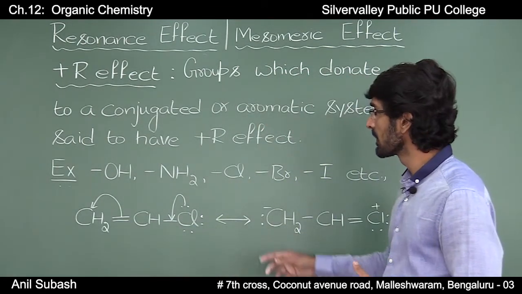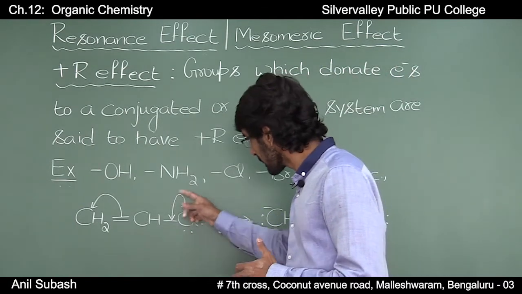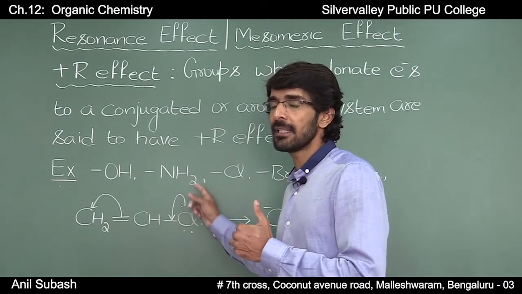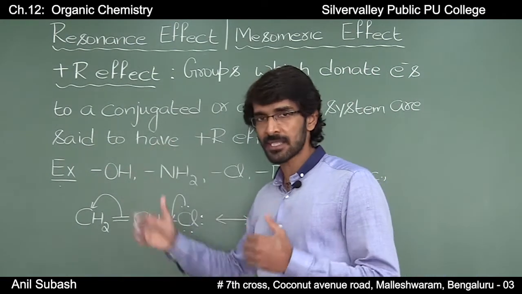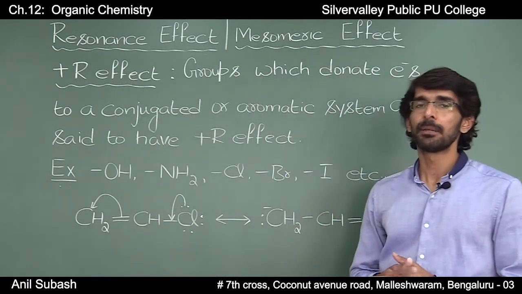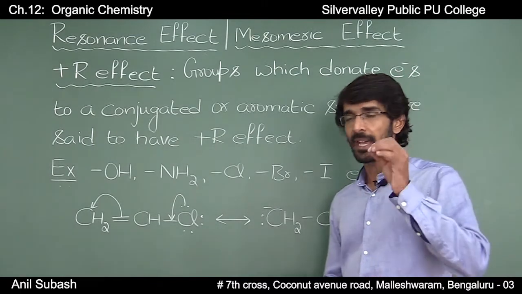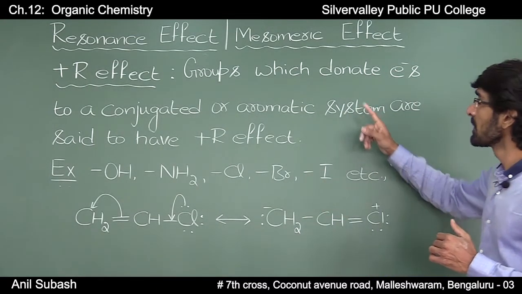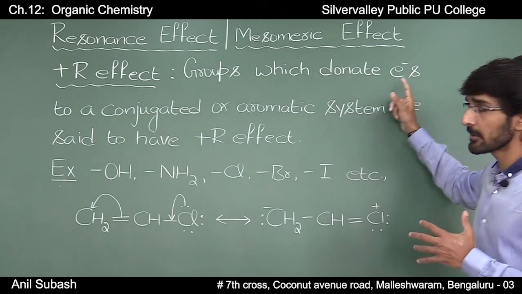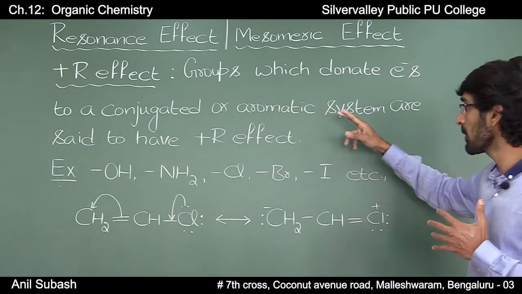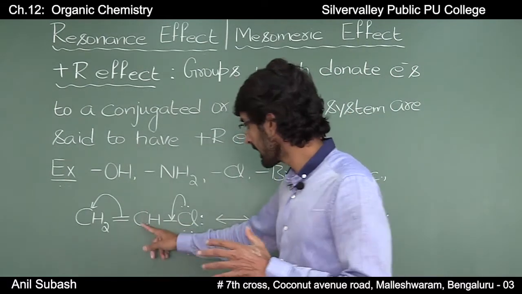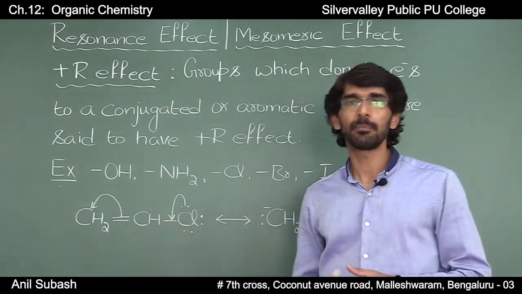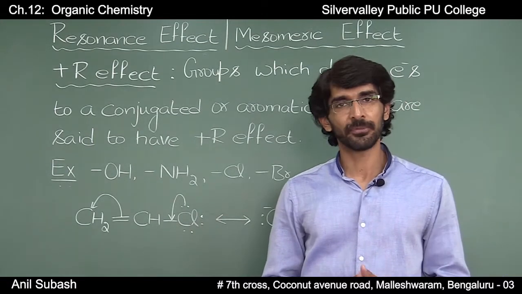And since the group is donating an electron pair to the conjugated system, this type of effect is known as the plus R effect. As I have written here, groups which donate electrons to a conjugated or an aromatic system are said to have a plus R effect, and clearly this is an example of a plus R effect.